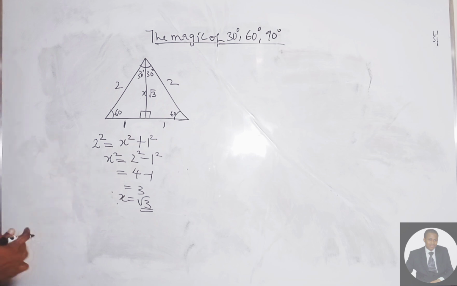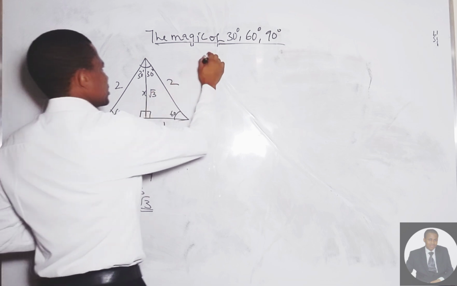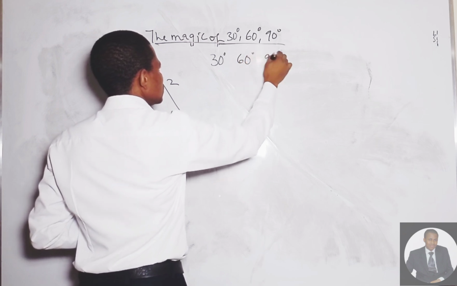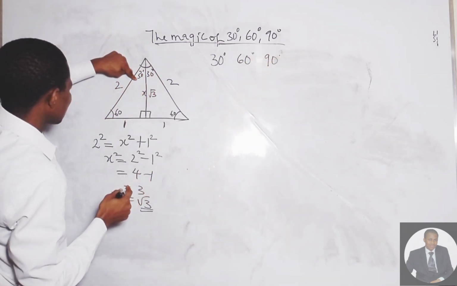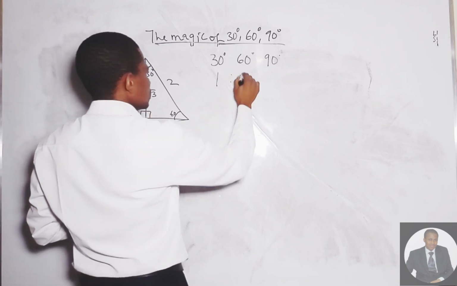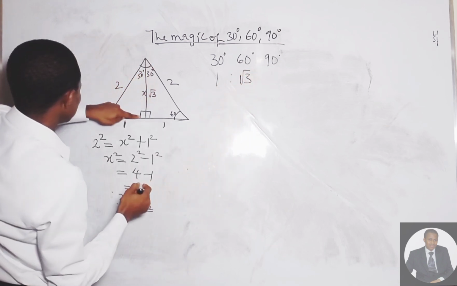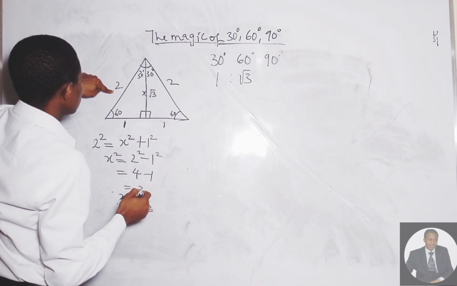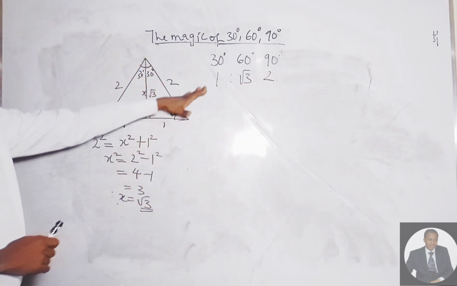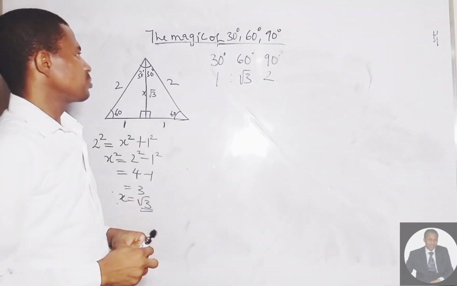So this will give us a formula. Under triangle 30, 60, 90, the side facing 30 is 1. The side facing 60 is root 3. And the side facing the right angle, the 90, is 2. So what does this formula teach us?